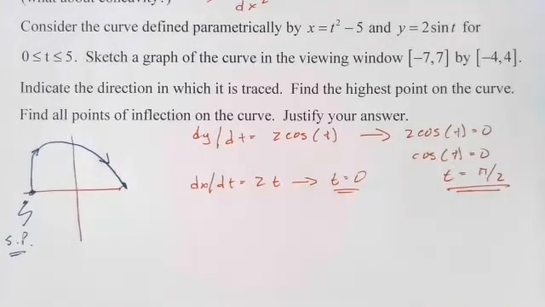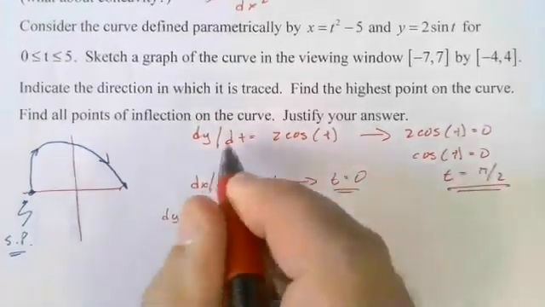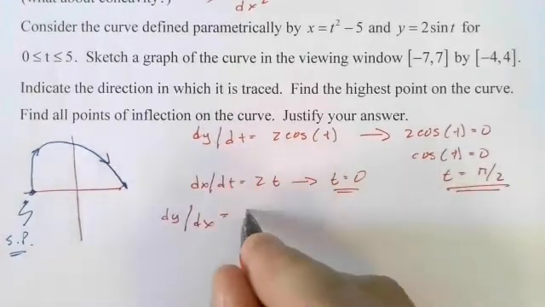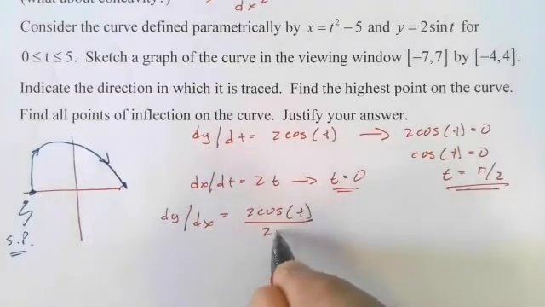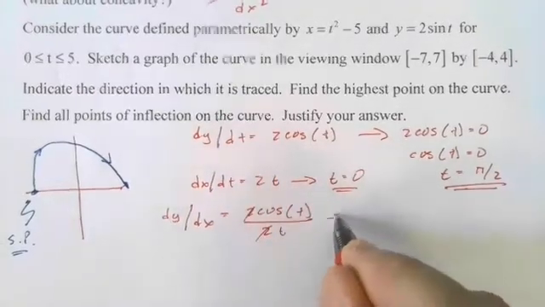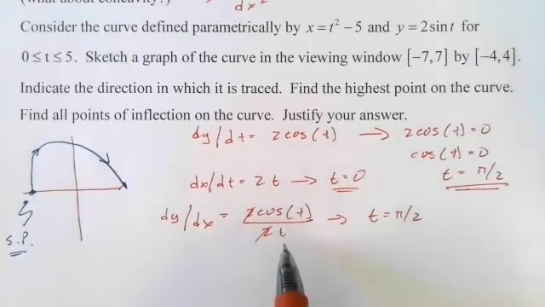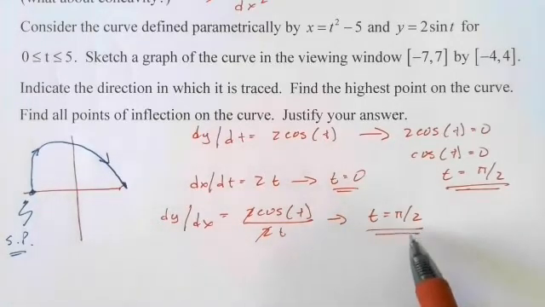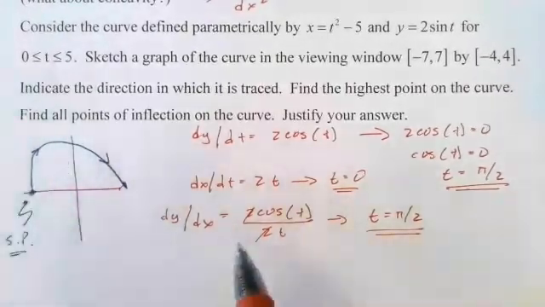Oh, yeah, so dy dx equals dy dt, 2 cosine of t over 2t. When does that equal 0? Well, we already did that. That's at t equals pi over 2. And the bottom is not 0, so we don't have a 0 over 0 thing. So t equals pi over 2. Okay, sure. So where's the point?